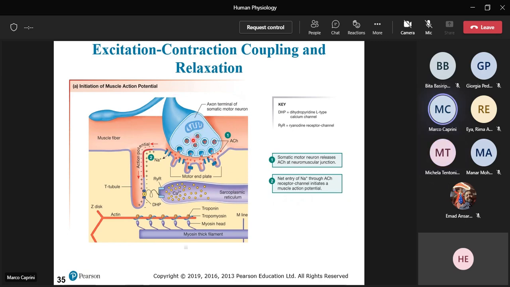Okay, your point is correct, but physiologically, when an action potential reaches the axon terminal of a somatic motor neuron, can you inhibit the muscle contraction, or is it always excitatory?